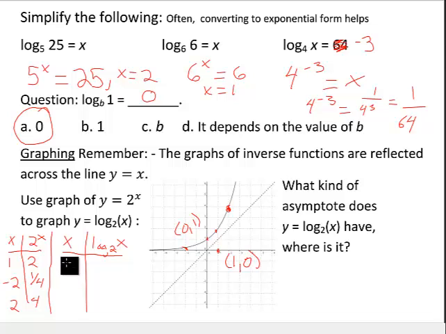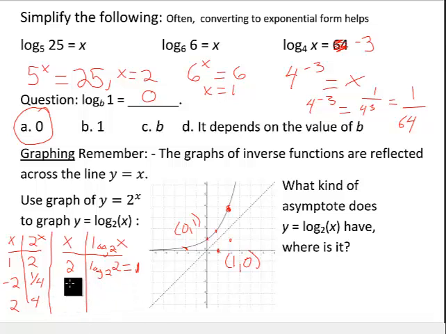Remember, if x is 2, that's the log base 2 of 2. So what power do we have to put on 2 to get 2 back? It's 1. So that's the point where x is 2 and y is 1. But notice, that's just these two points with the roles of inputs and outputs switched. Here the input's 2, the output's 1. Here the input's 1, the output's 2.